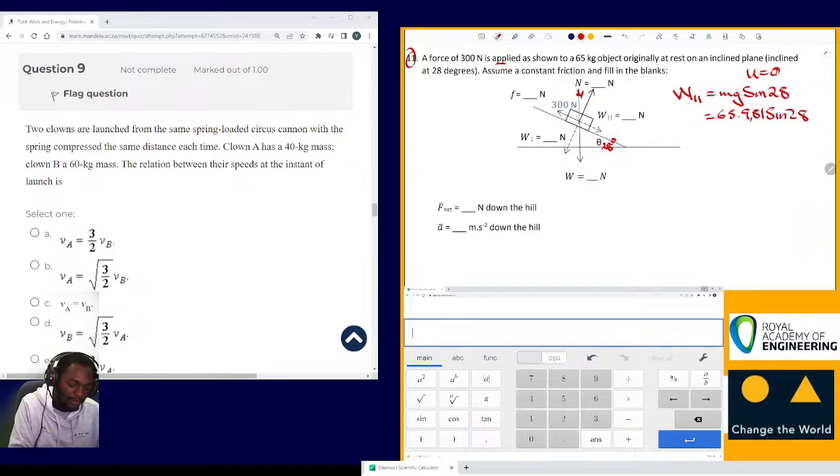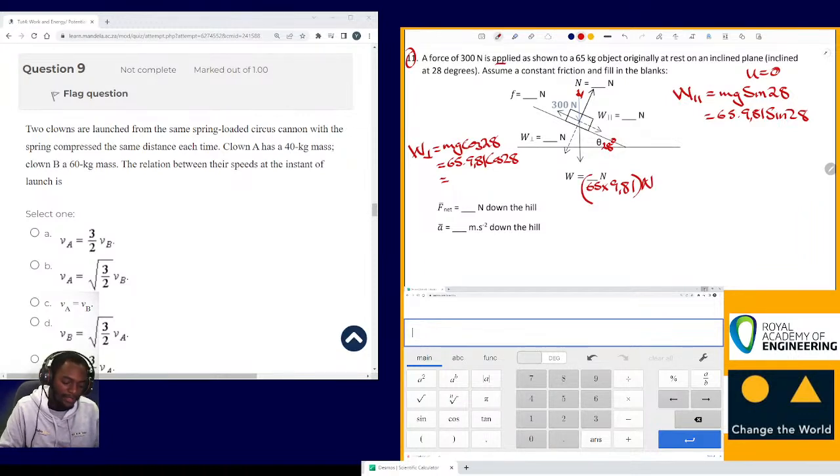Same goes with the component of the weight perpendicular to the slope, which is going to be equal to mg cos 28, and that will be 65 times 9.81 cos 28. Our weight is 65 times 9.81. Okay, then we can batch that.